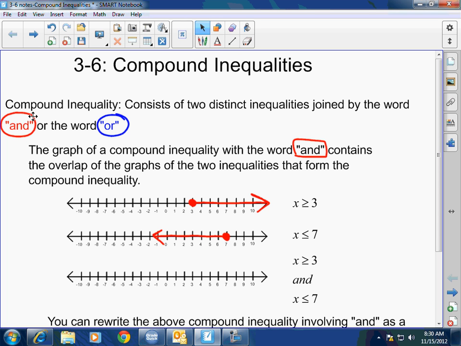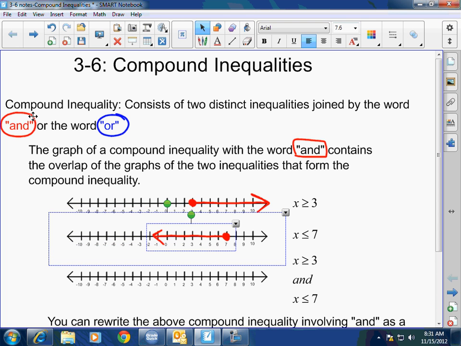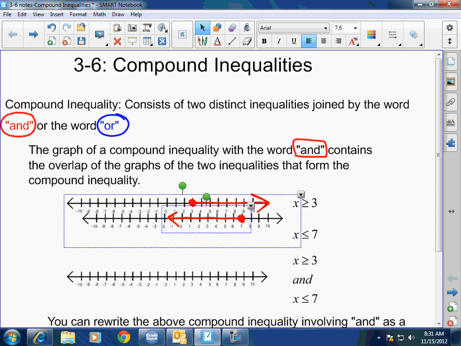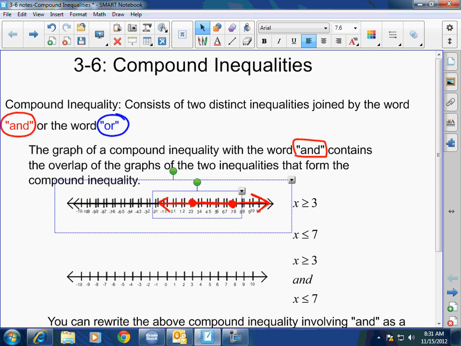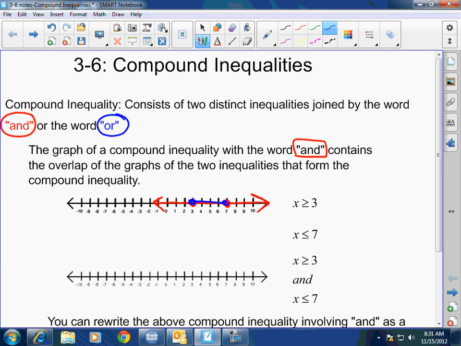All right. Now, together, think about what's happening here. If I take this individual graph and I overlap it here, and I match it up just like this, don't they overlap right here?